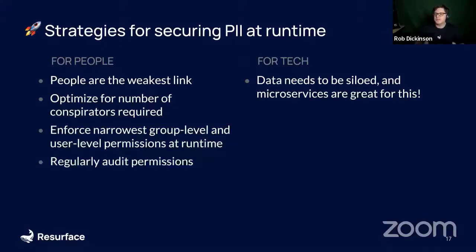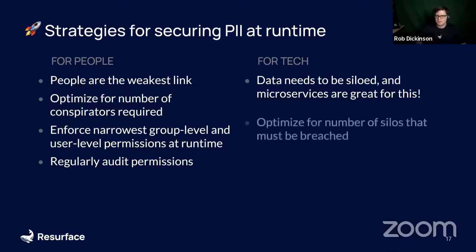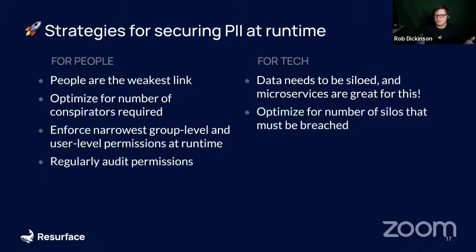And that's a really natural fit for the databases that live behind that microservice, or the permissions that the team in that area should have, and the data that the team should really be able to access. We can then optimize for the number of silos that have to be breached to carry out a successful penetration of the application.